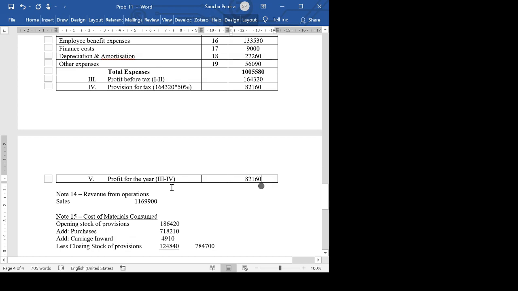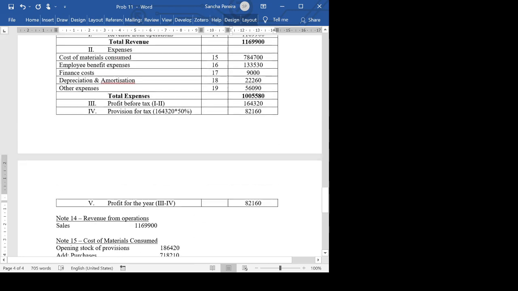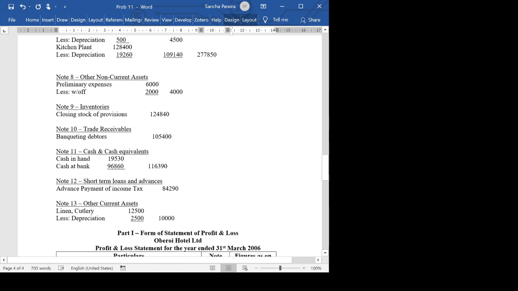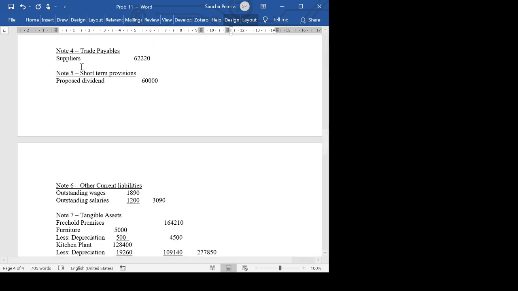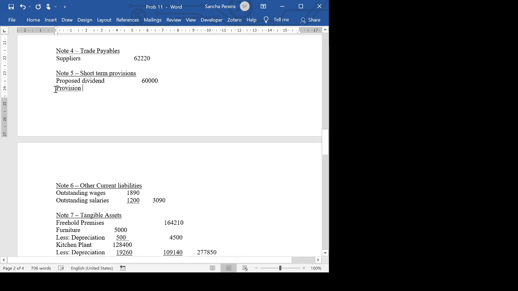So that I'm going to transfer to the note on provision for taxation, 82,160. That comes here under short-term provisions. Provision for tax 82,160.